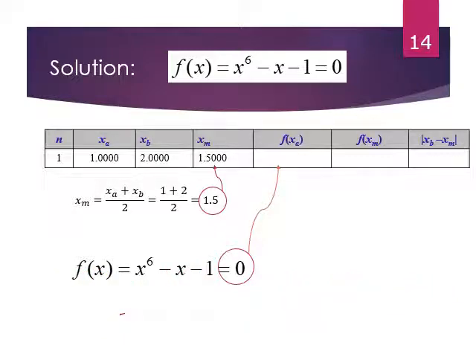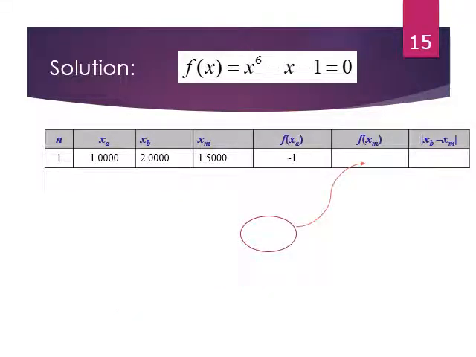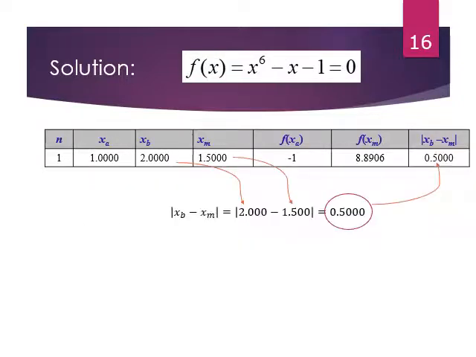Then we get minus 1. Then we evaluate the function at the midpoint. We substitute xm 1.5 into the function f(x), then we get 8.8906.